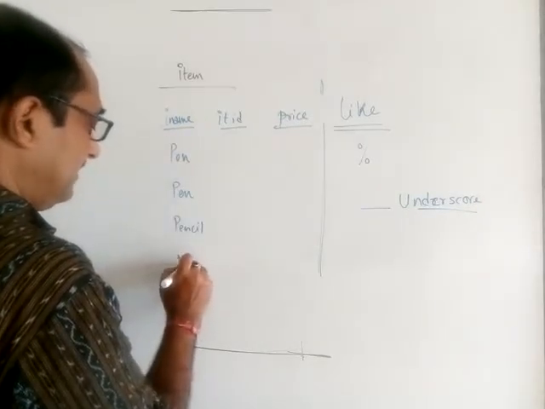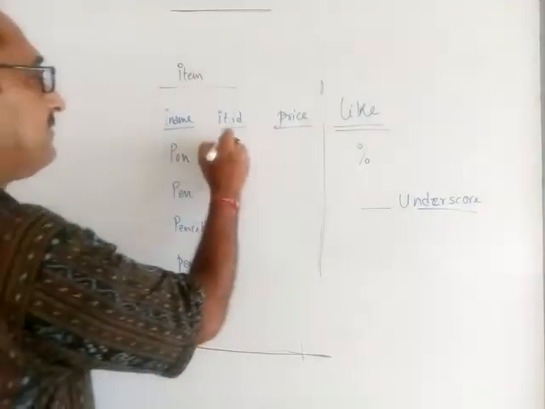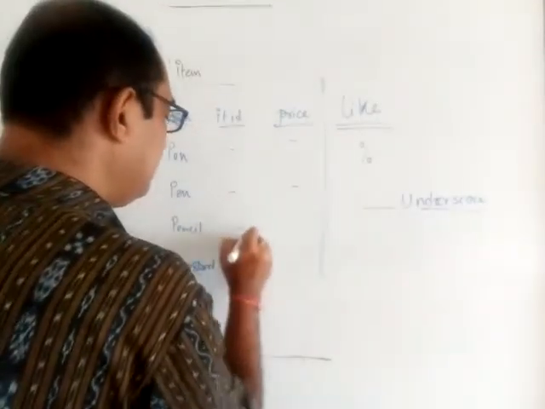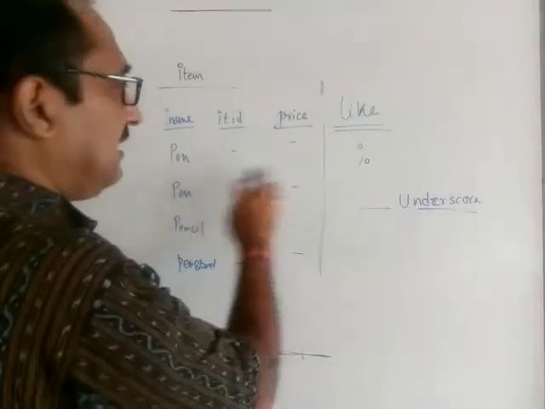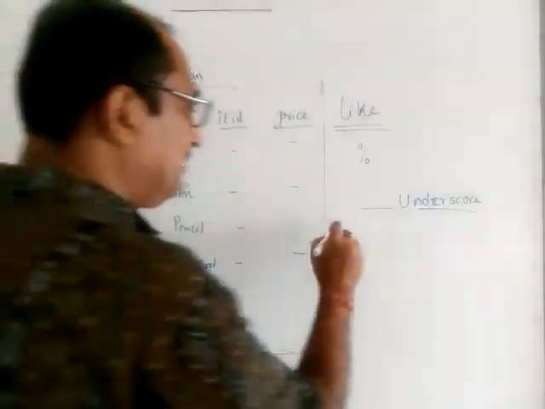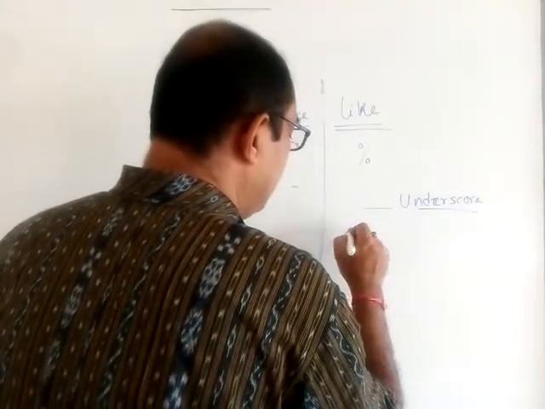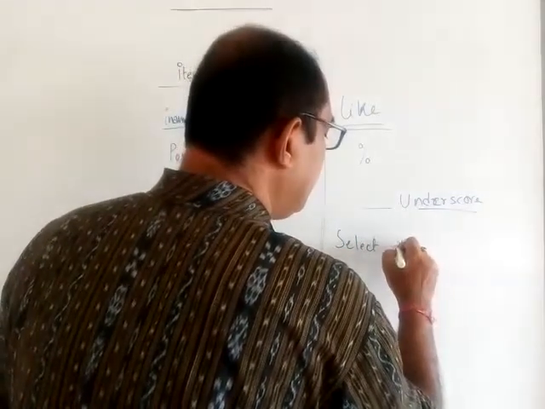Okay. I have pen stand and all other things. And item ID is whatever, price is whatever. Now, if I mean to say that I want to display all the items which are pens, then we should write SELECT whatever be the fields.